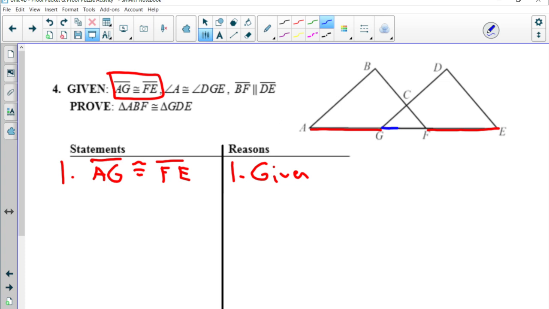Well, it's the same one. It's G to F again. So regardless of where I'm talking about, G to F and G to F have to be the same. Well, I know what that reason is. I know the reason that the same thing has to be equal to itself. That is what property? It's the reflexive property.